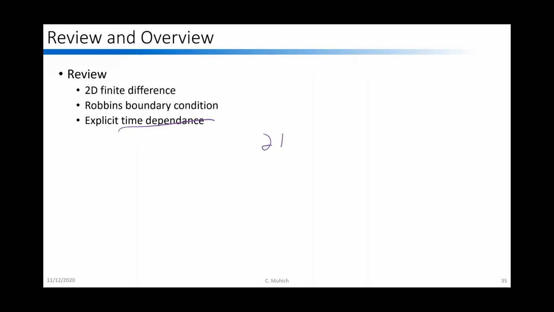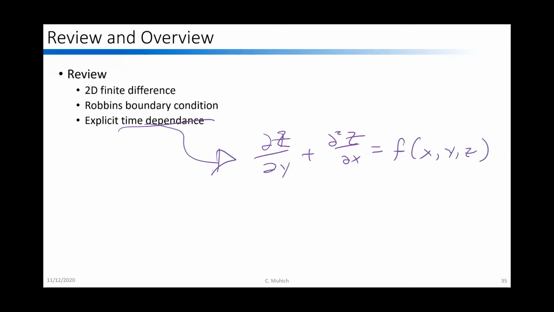So maybe dz/dy plus d squared z/dx squared is equal to some function of x, y, and z. This would still be considered a time-dependent problem, or an initial value problem, because we have this initial value piece and this boundary value piece.